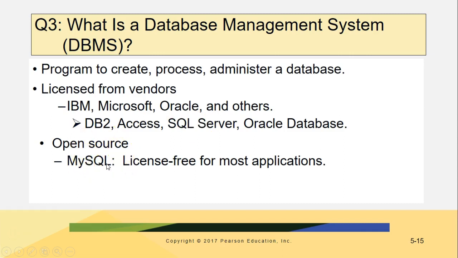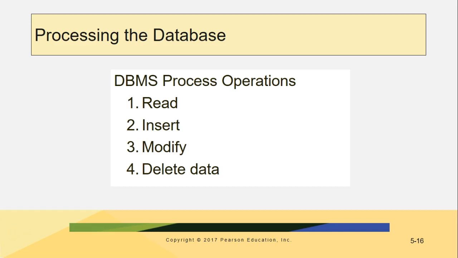Remember, we talked about open source. It's free, so a lot of people use that one. But all of them are based on what we call the relational database system, where primary keys relate to foreign keys. Now, inside a database management system, there is software that allows me to do these four things.